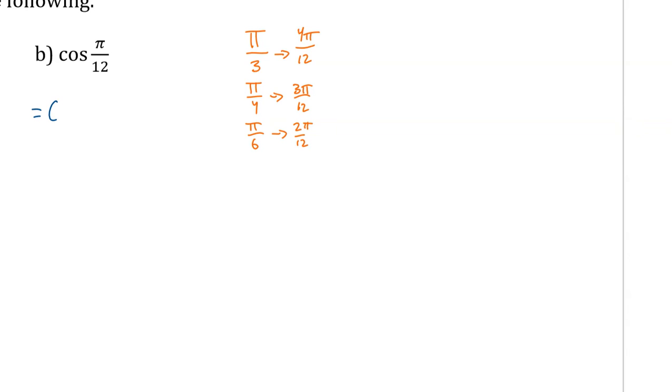So this is equal to cos of 4 pi by 12 minus 3 pi by 12. 4 minus 3 is 1. So that's equal to cos of pi by 3 minus pi by 4.